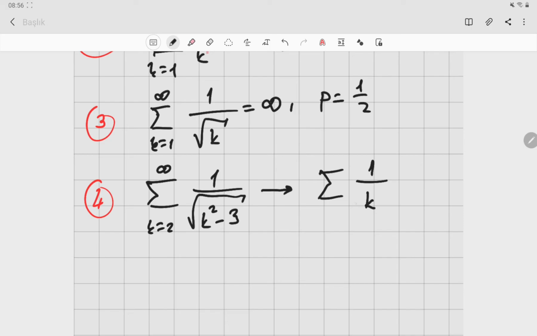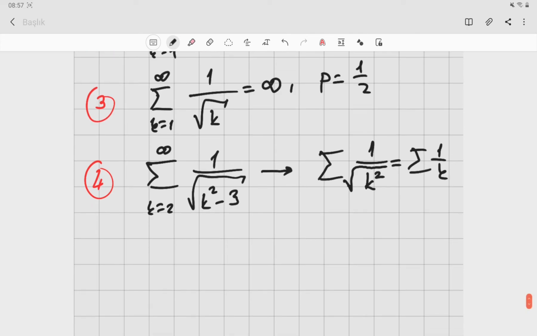Our series terms are all positive, and square root of k squared means k. So the harmonic test doesn't work alone, and also we have to use the comparison tests. We are going to use two tests, comparison test and the harmonic series.